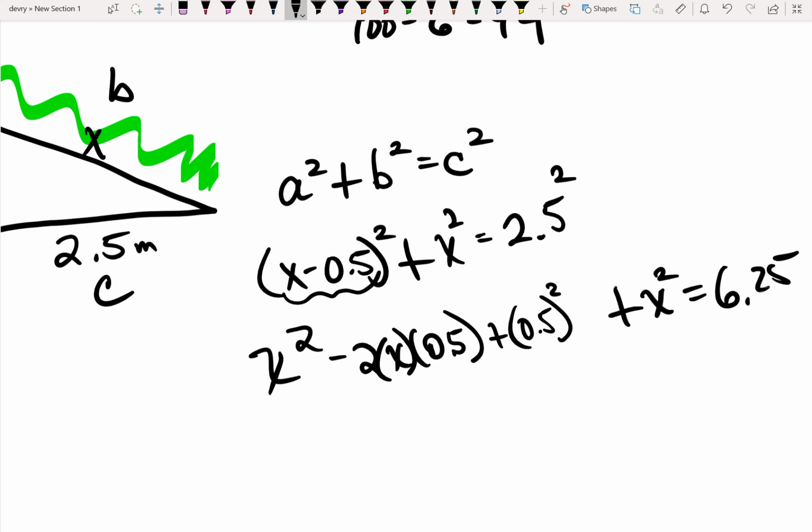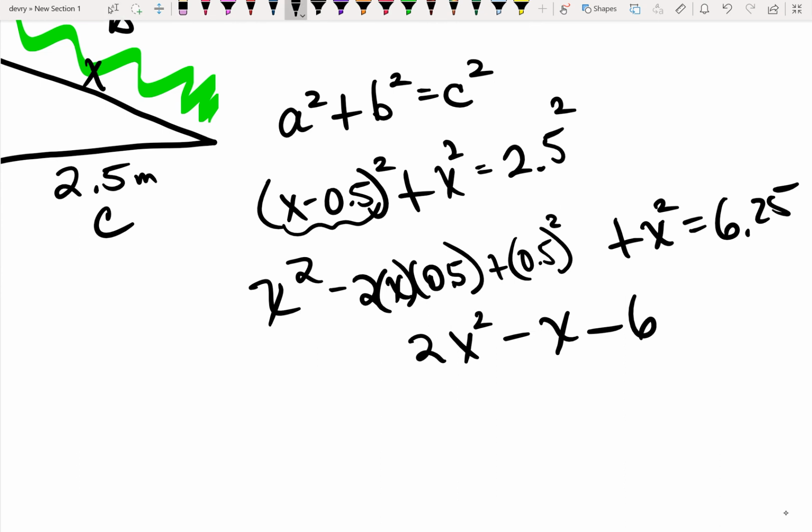And so now we just combine like terms. So we should have 2x squared minus x minus 6 after I subtract that and bring it over. This is all equal to 0.